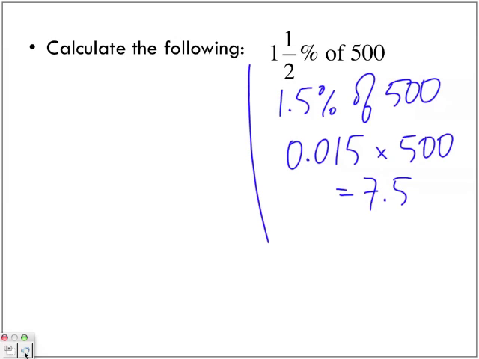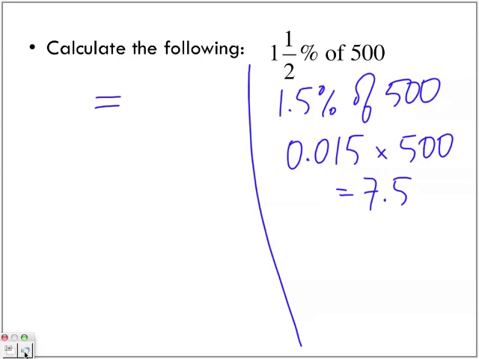Now, the long method. Like I said, we're going to learn one method that will help us answer all of them. On the left side, what are we going to put? 100%?